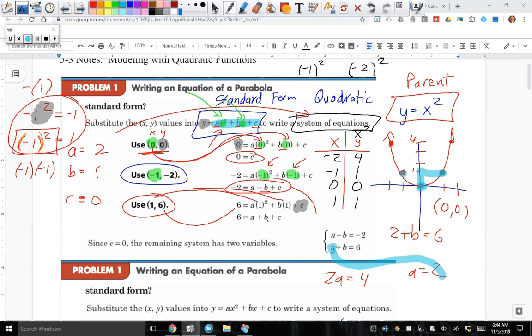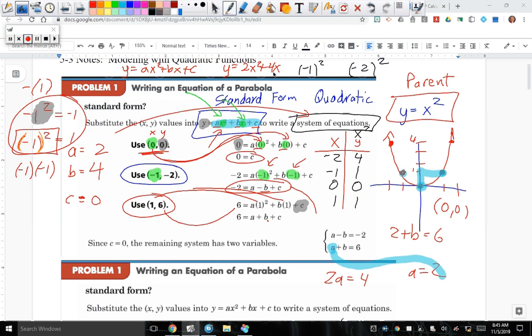So anyone, what's b? 4. So I got 2, 4, and 0 as far as my answers, so that my original equation, which used to be ax squared plus bx plus c, is now going to be y is equal to 2x squared plus 4x, and that's it. I don't have to put plus 0.